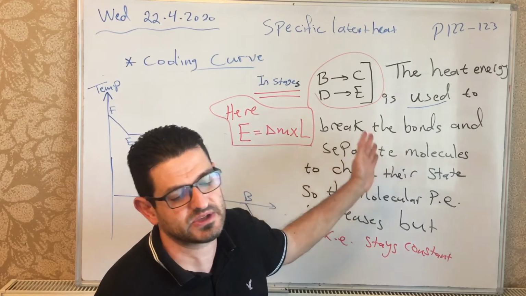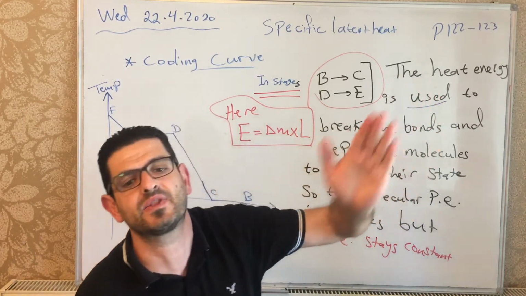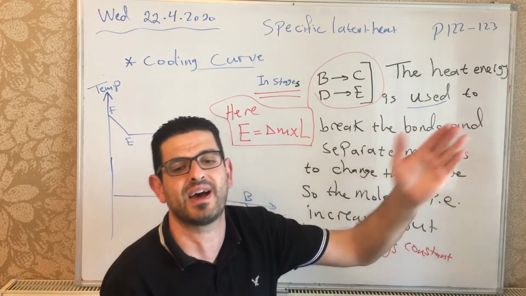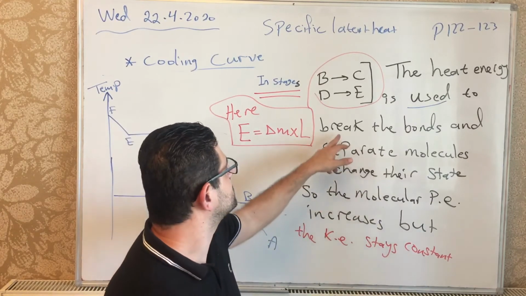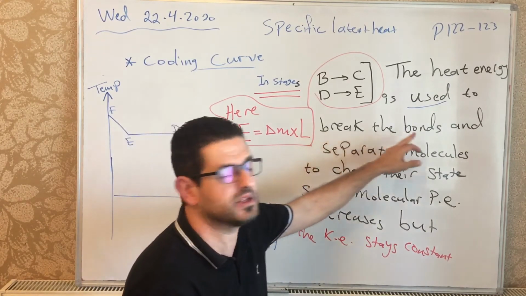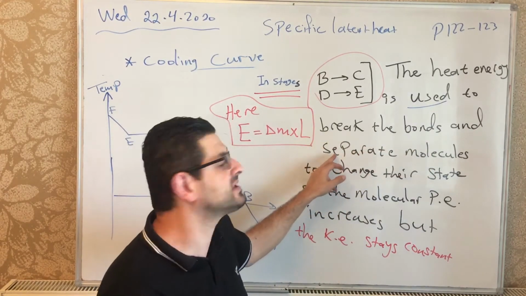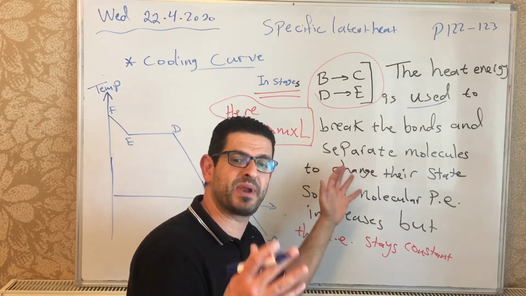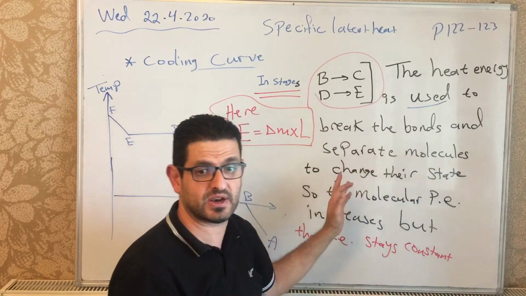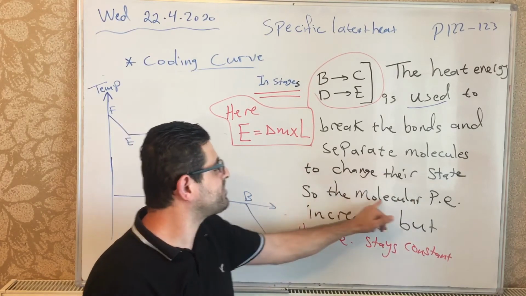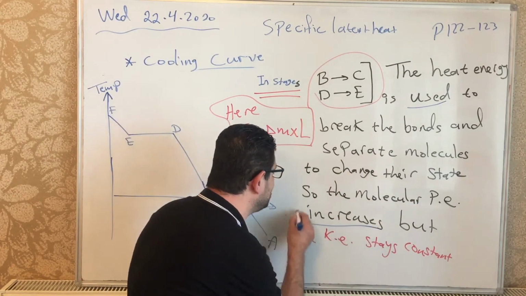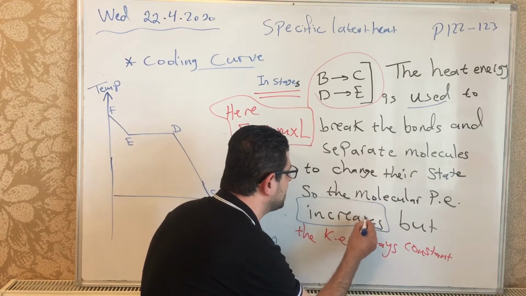Now it's not breaking bonds, because you are freezing the water or condensing the steam. So it's building bonds, not separating molecules, but bringing the molecules closer to each other to change their state. So their potential energy decreases.